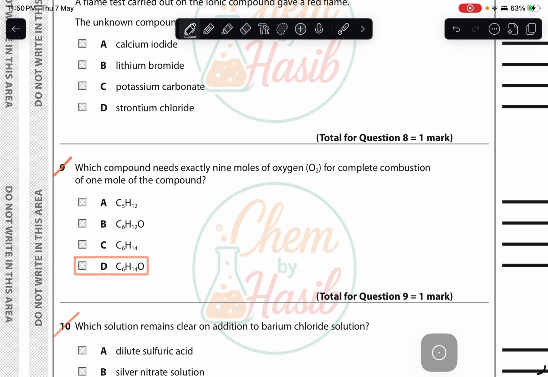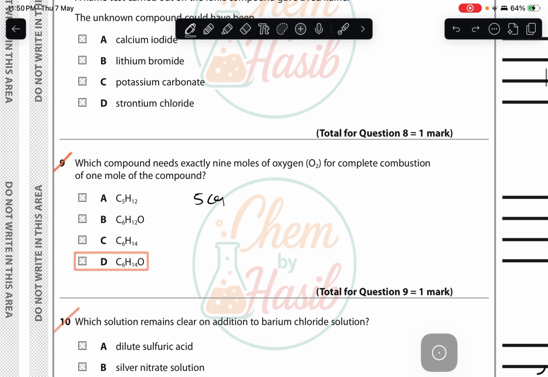So if you carry out a combustion of C5H12, it will produce 5 moles of carbon dioxide and 6 moles of water, because there are 5 carbon atoms and 12 hydrogen. So the number of oxygen required will be 5 into 2 is 10, plus 6 is 16. So the oxygen required will be 8 O2, right?